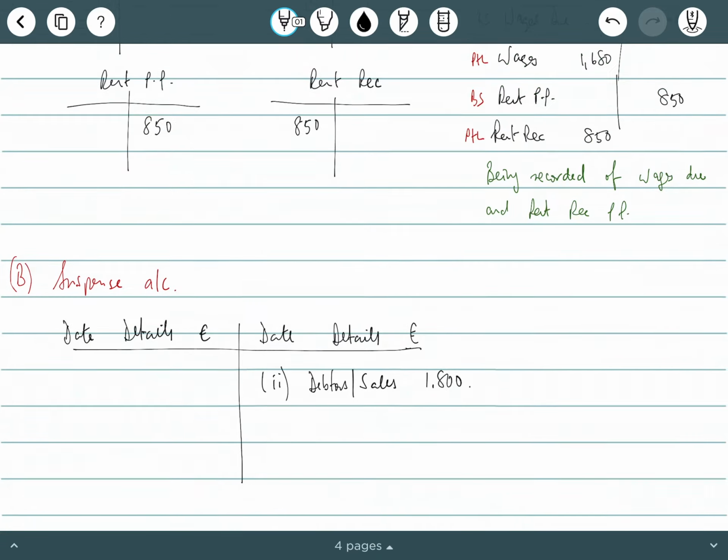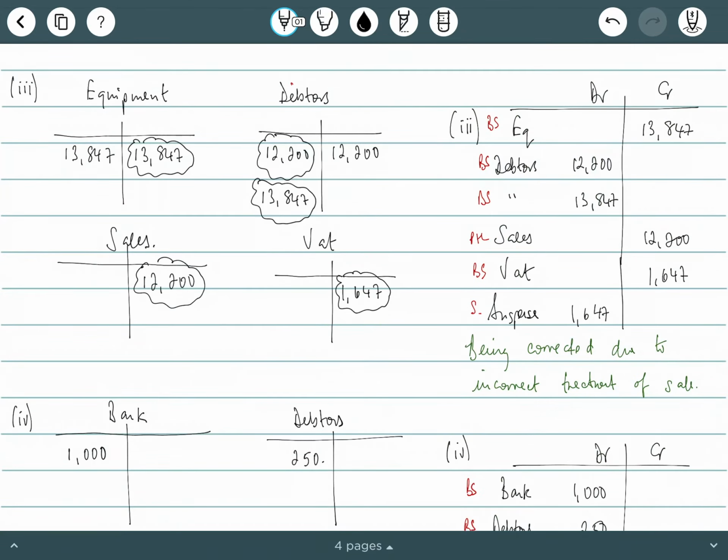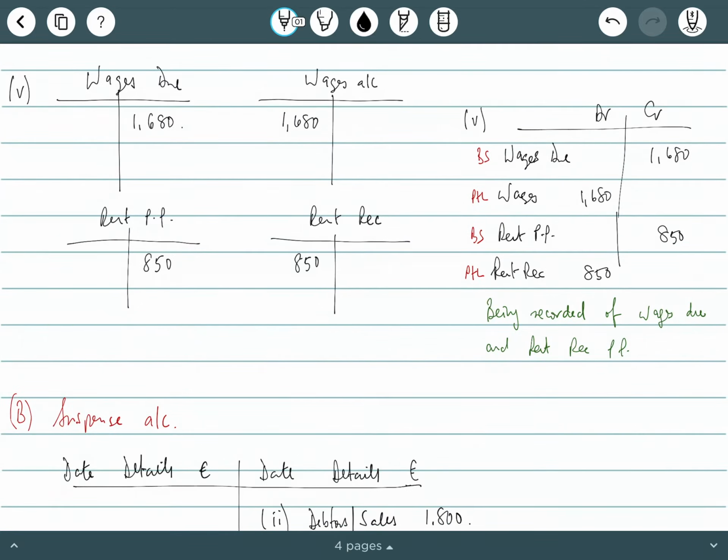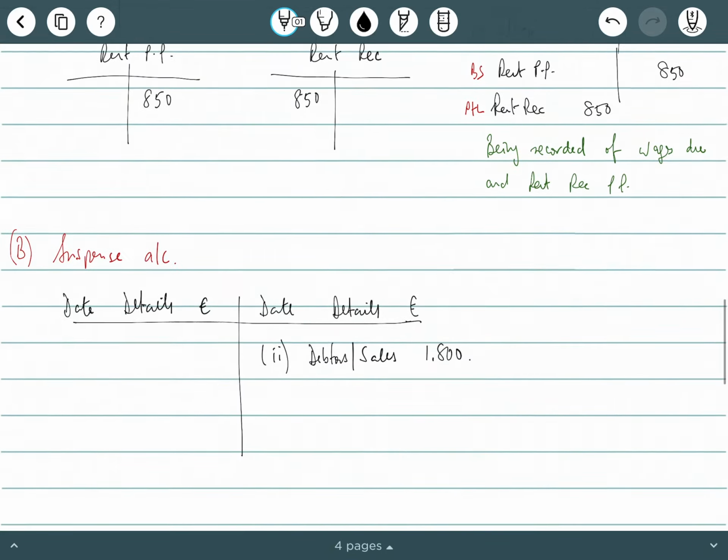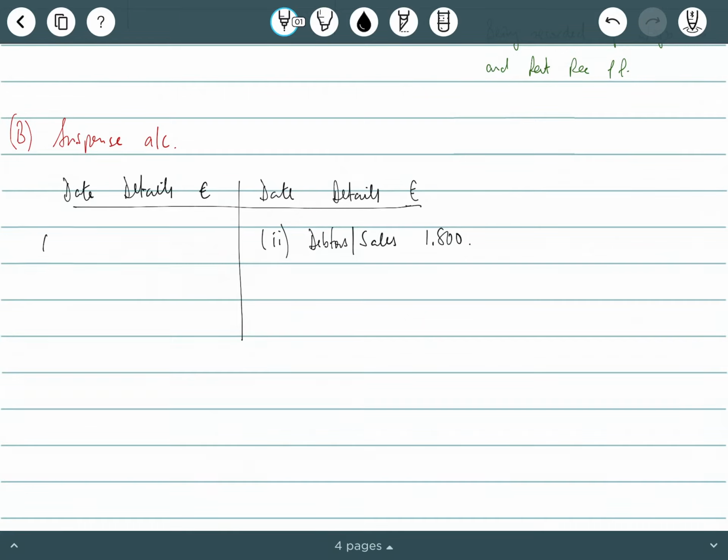Let's go back up to the third working. There it is, we can see it here. Suspense 1,647, debit entry. And it was to do with, what was it? I suppose equipment again. Yeah, equipment debtors will do. So 1,647. This is working 3, equipment/debtors.